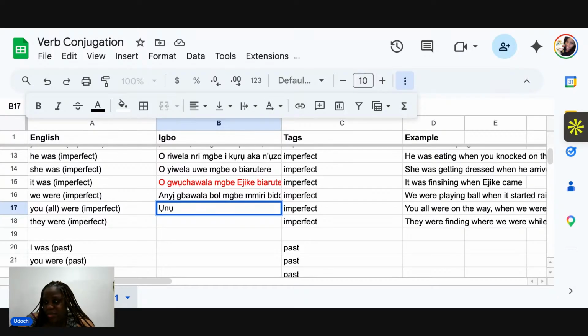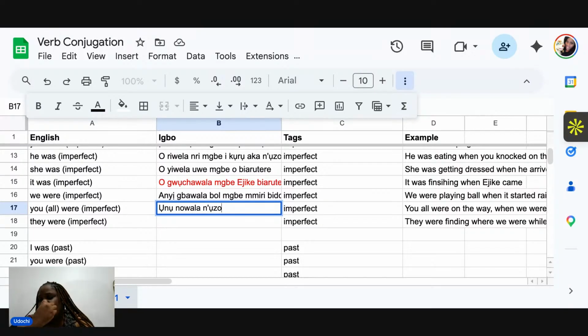On the way, right? So we would say Unu Nawala Nuzo. That's what I think it is.